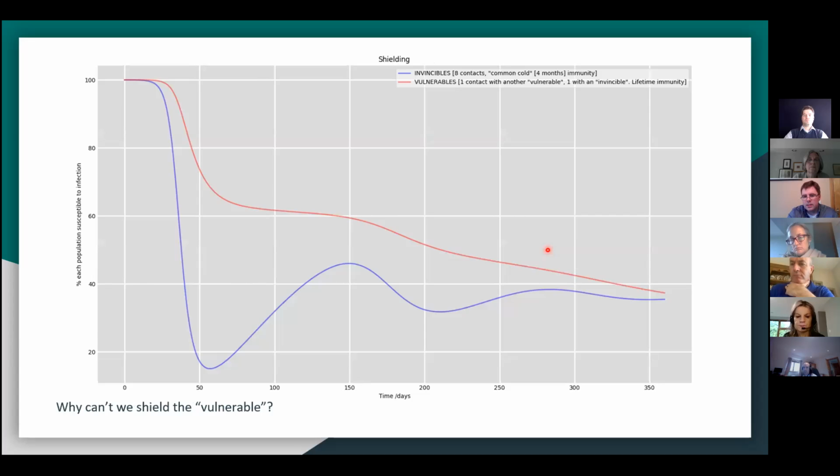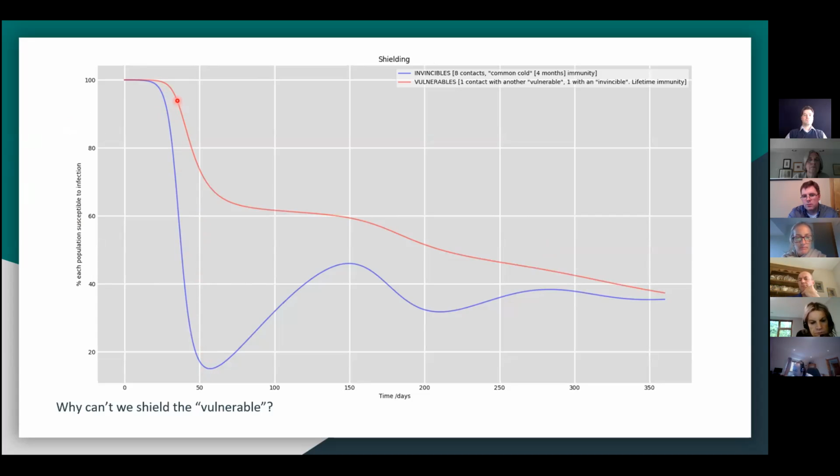So that's the data. What about in theory, which is always kind of second to what really happens? But even in theory, it's not going to work. If we set up a group of invincibles who never get sick, but it's just treated as the common cold, and they maintain immunity for the 4 months that's projected, after which they can pass it back on again, they all get infected nice and quickly.